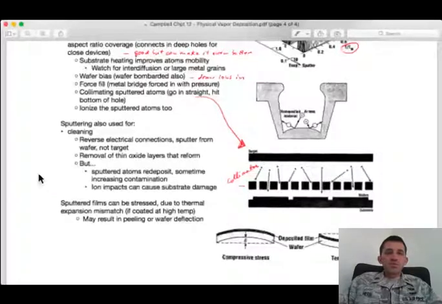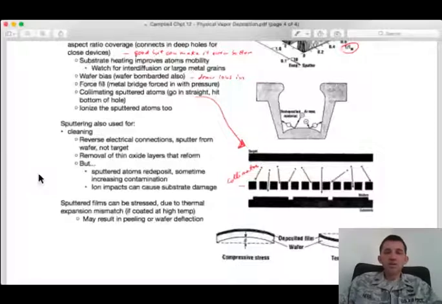But in general, sputtering is going to give you better step coverage, which is necessary to cover high aspect ratio features, right? And so as devices are getting smaller and smaller, they're getting closer and closer together, but their thickness isn't changing that much.